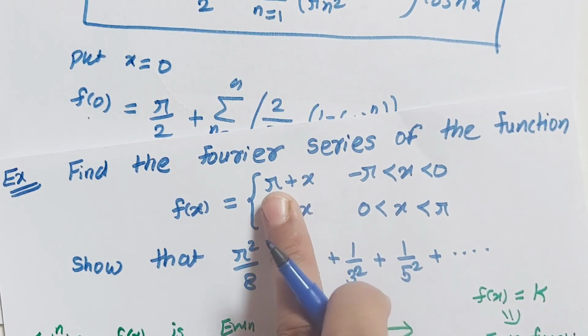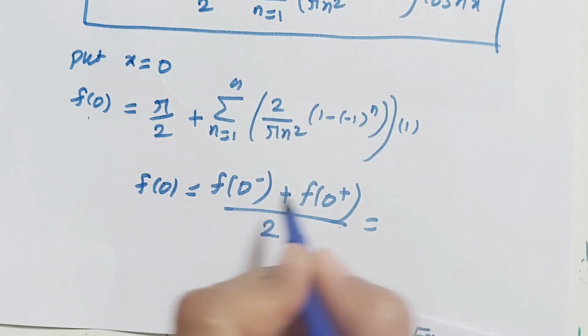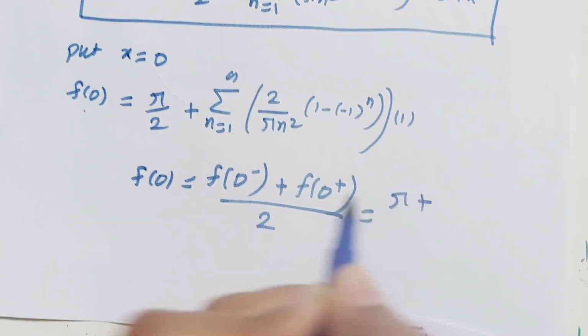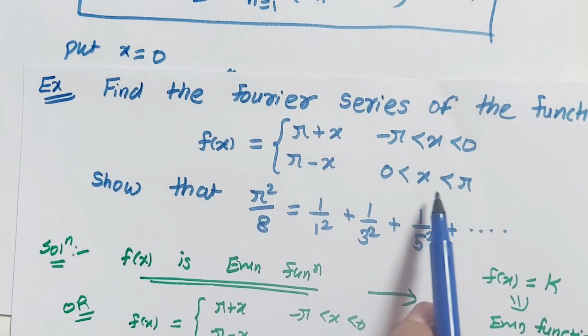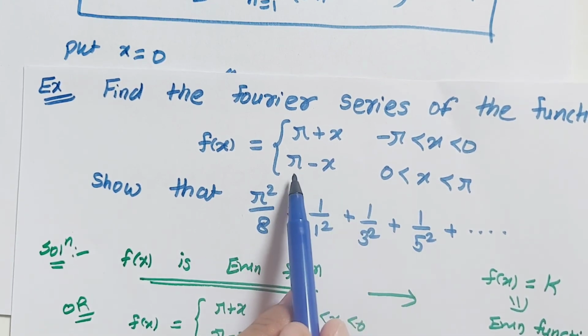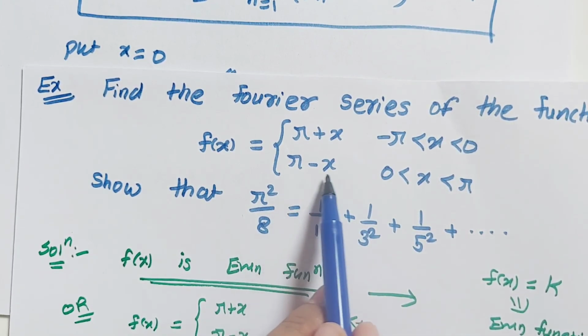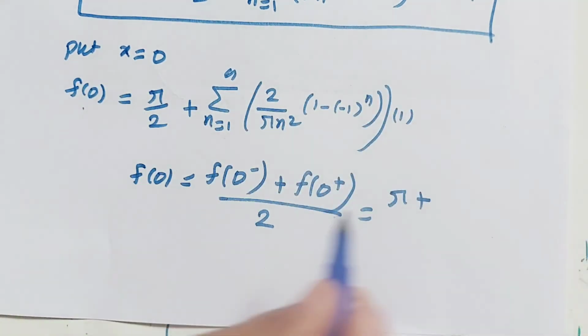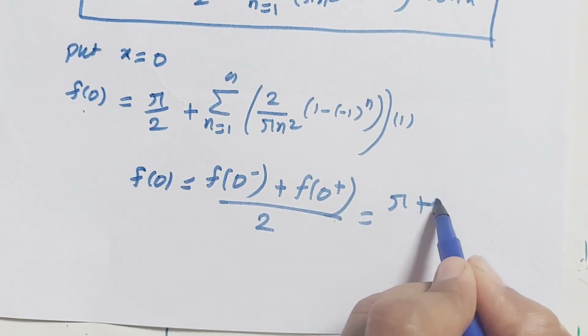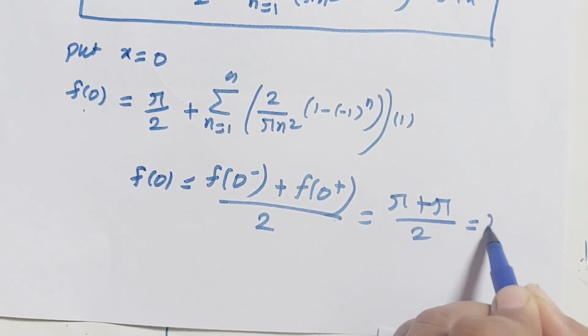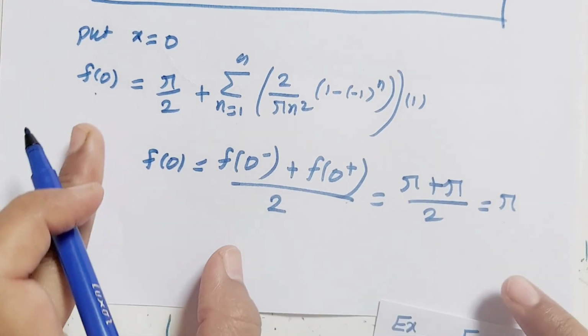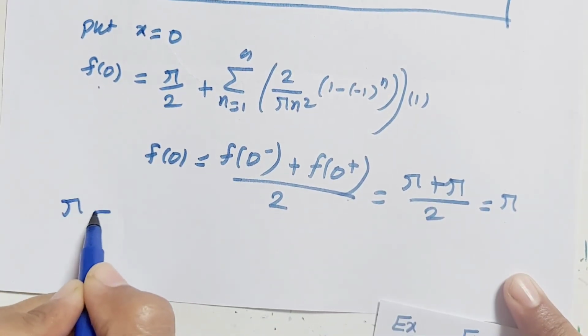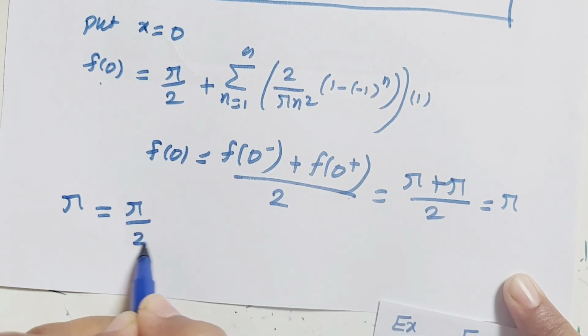Here put x equals 0, then it is pi. And from the right hand side, when we tend toward 0 from the right, it is pi minus x, and here x equals 0, so again it is pi. Divided by 2, that means it is pi. So f of 0 is pi by 2.